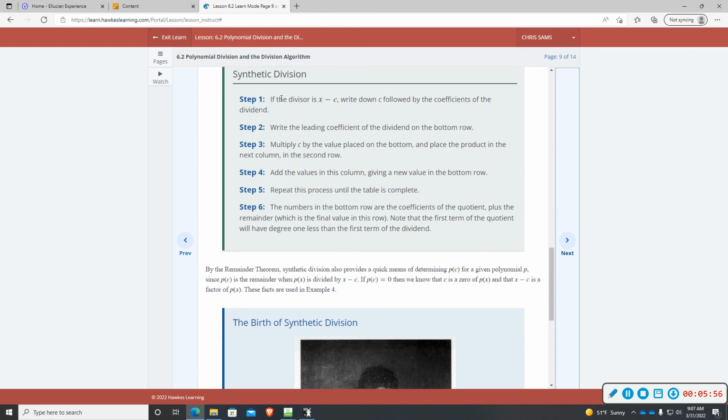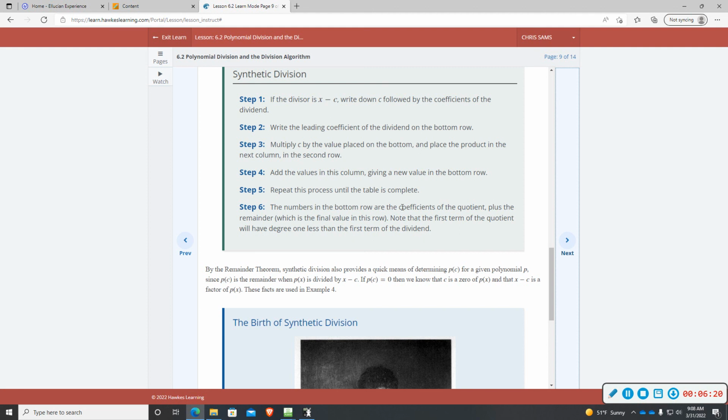Here are those steps. You have a divisor, you're going to write it down. You're going to write the leading coefficients on the bottom row, multiply c by the value represented in the bottom. Place the product in the next column. In the second row, add the values in this column, giving a new value on the bottom row. And then you're going to repeat that process until it's complete.